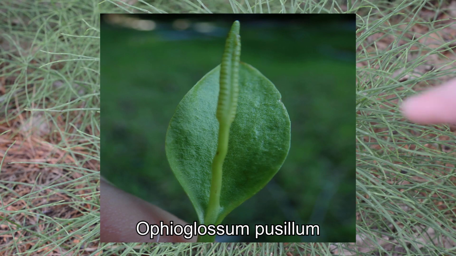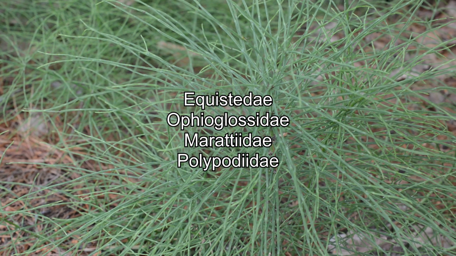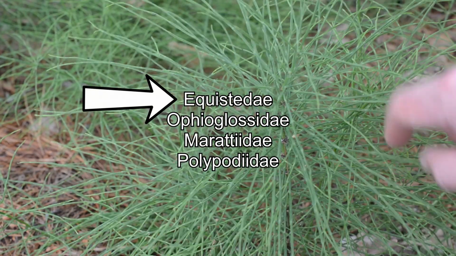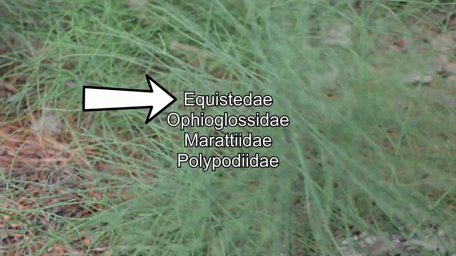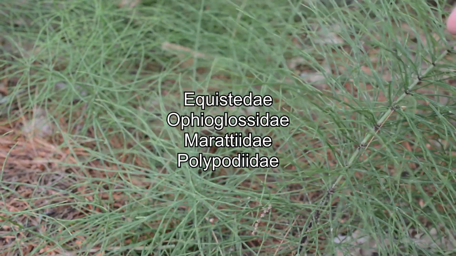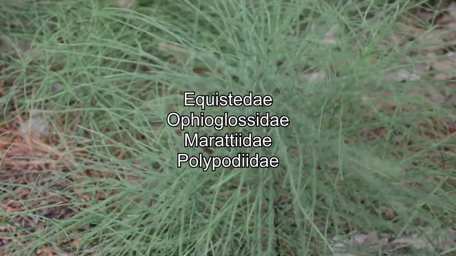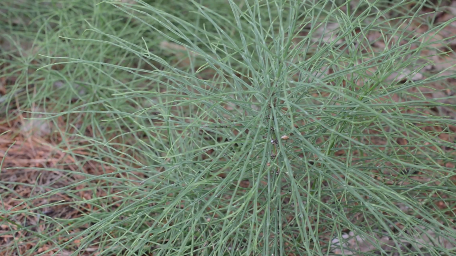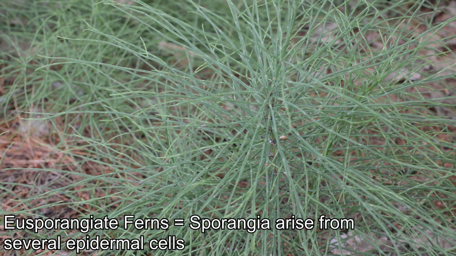And then finally, the furthest back, the most distantly related from what we traditionally think of as ferns, are these Equisetopsida. I can't pronounce it. I'll put the thing down there. There's multiple different names, equisetoid ferns, whatever. So these guys, the Ophioglossum ferns, the adder's tongues, and the marattioid ferns are all what you call eusporangiate ferns.